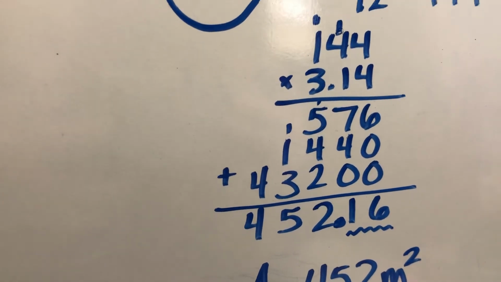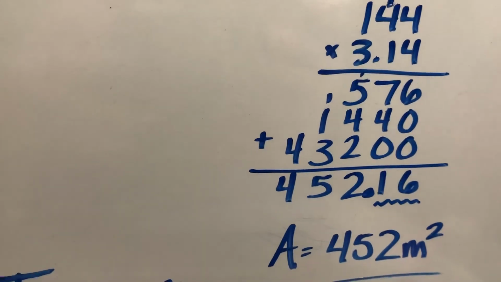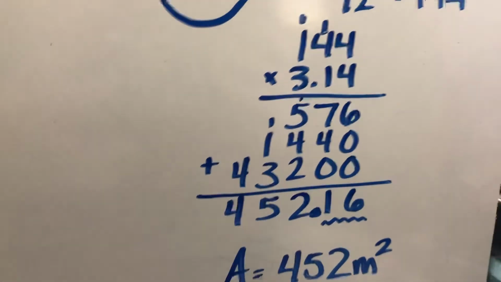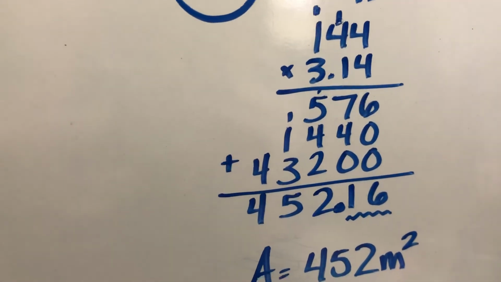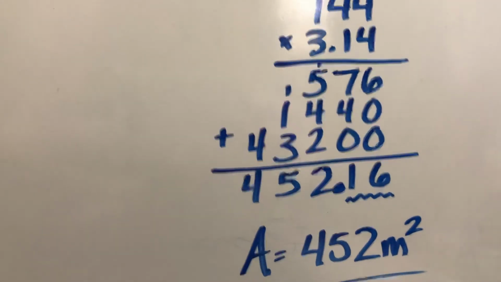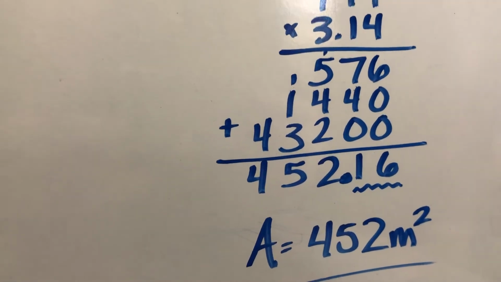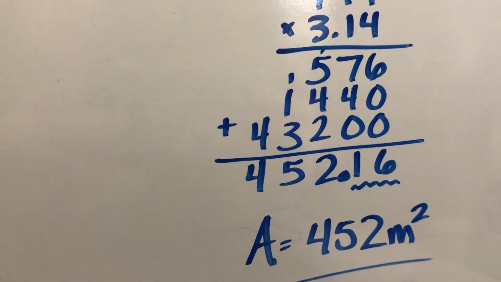For area, they're going to say, please round to the nearest square unit. That's the ones place. So I took my 0.16 and did the little underlining, estimating, chop it off. That's not enough to push it up to 453.